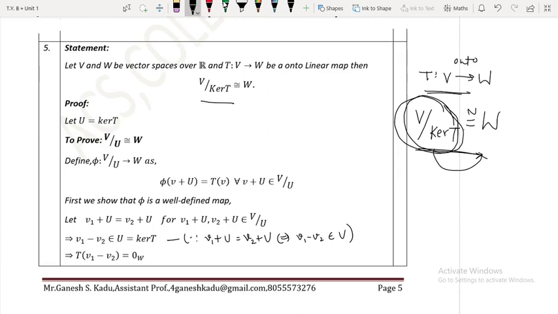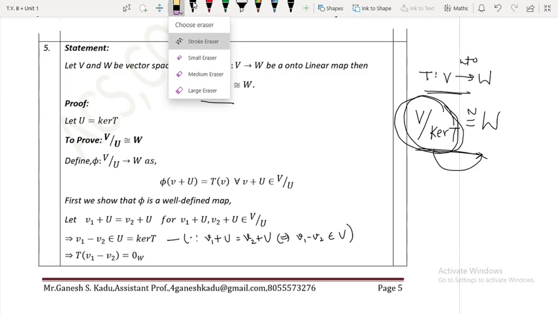If both are quotient spaces then that is also fine. Okay, that will also work, but at least one quotient space is needed. It should not happen that there is no quotient space. Is that okay? So in that case we can go for the first isomorphism theorem. But sometimes it may also happen that your T is not onto.